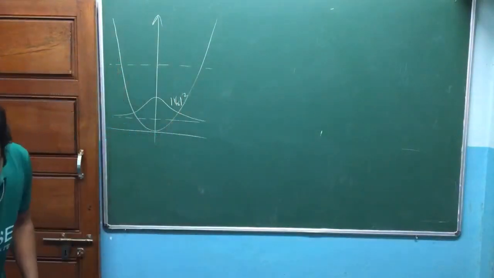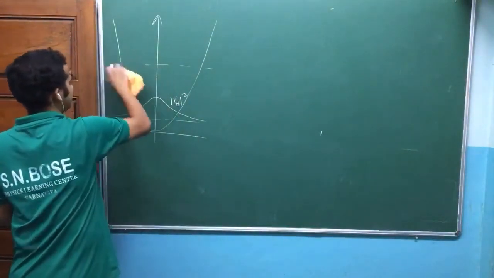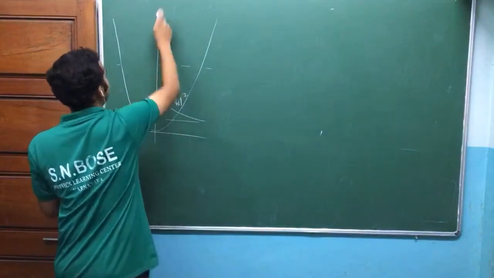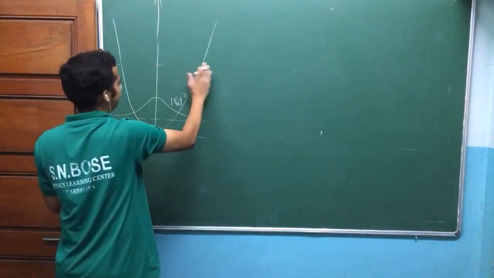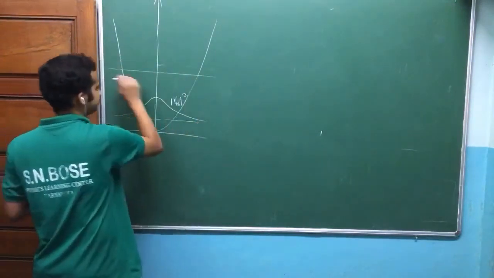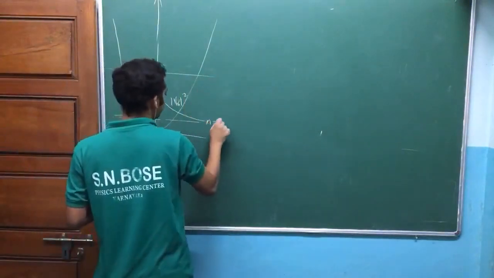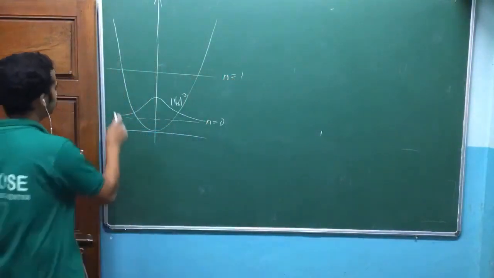Again, this is not sufficient actually. Space is not sufficient, but let me try anyhow. This is n equal to 0, n equal to 1. For n equal to 1, it will be like this.